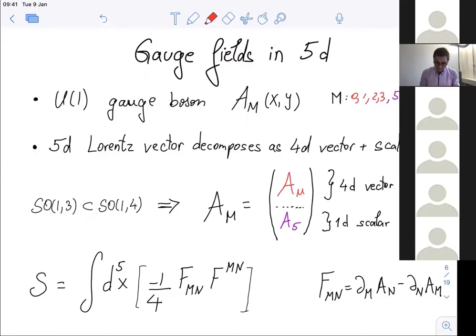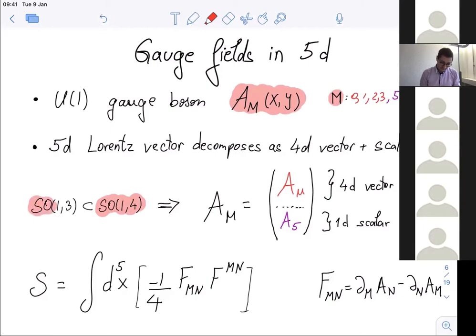So let's talk about the gauge fields in 5D. Let's take some U(1) gauge boson, which is a vector field, and M runs from 0, 1, 2, 3, 5. First of all, this is a vector under the 5D Lorentz group, which is SO(1,4).